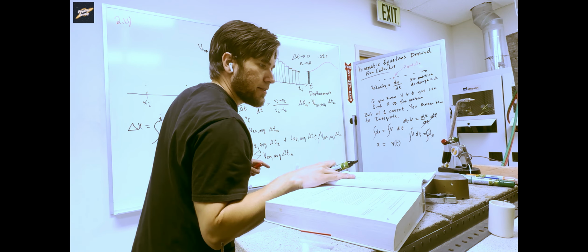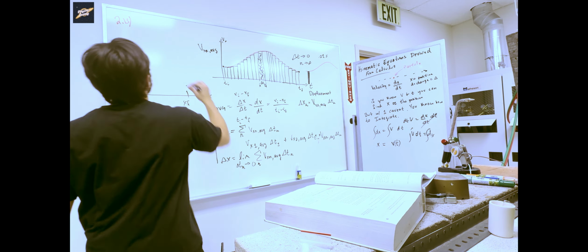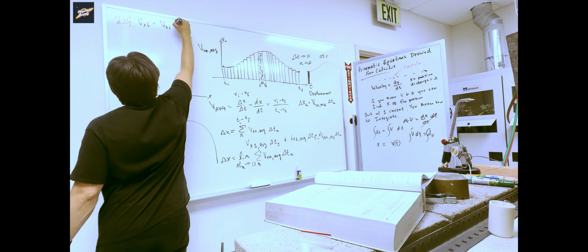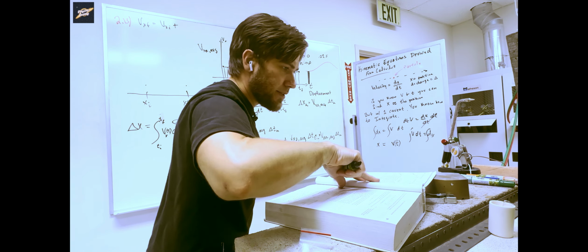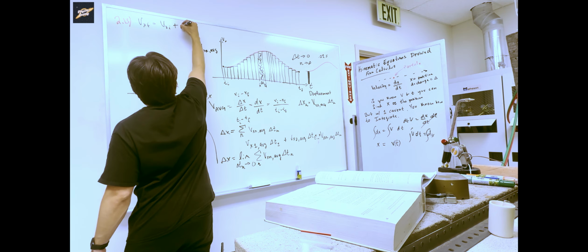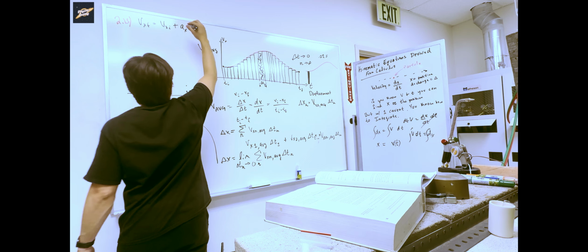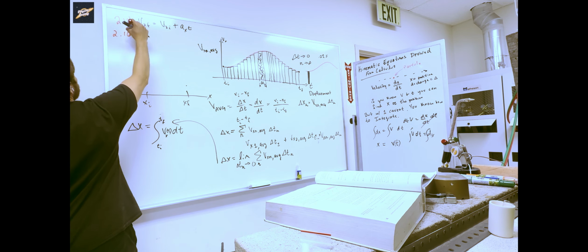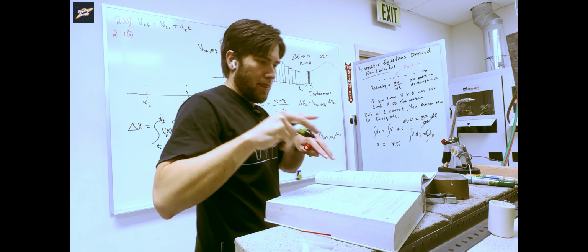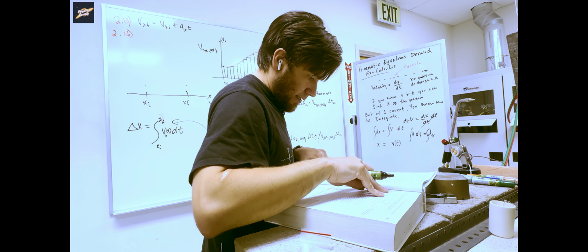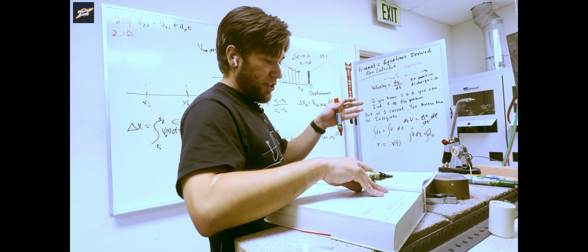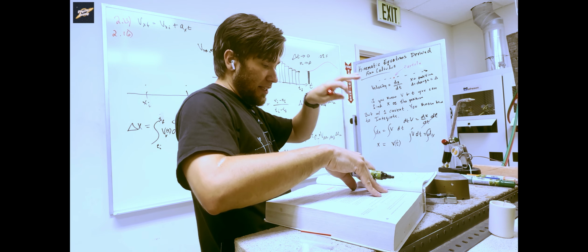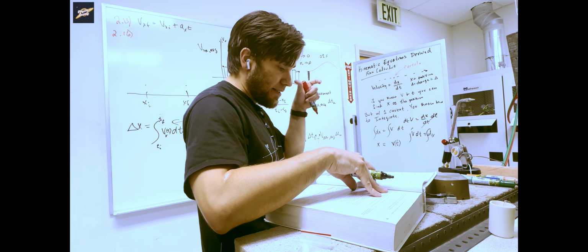So 2.13 is v_xf equals v_xi plus, I think it's plus a_x t. And then 2.16: this equation provides the final position of the particle at time t in terms of the initial position, the initial velocity, and the constant acceleration.